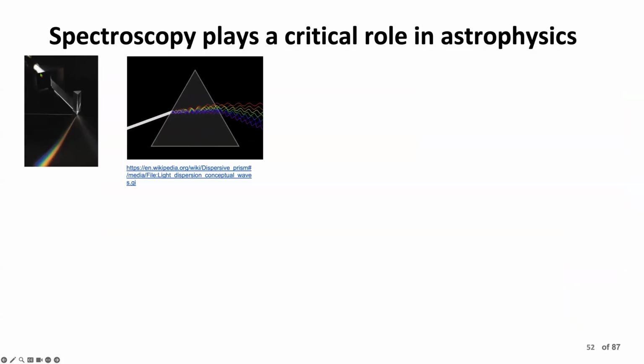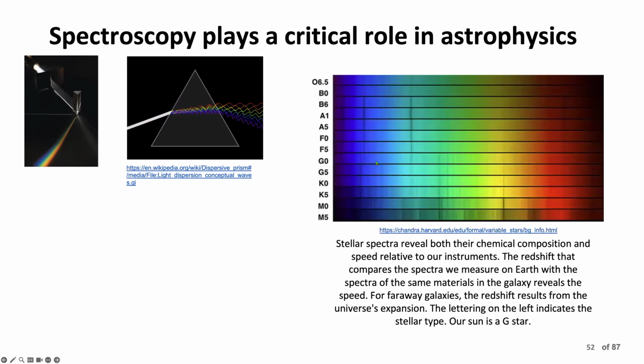Here's an example where you have a bright light and a prism, and you see the rainbow of colors. But when you look in a scientific sense at that spectrum, you can see the presence of different kinds of absorption lines.